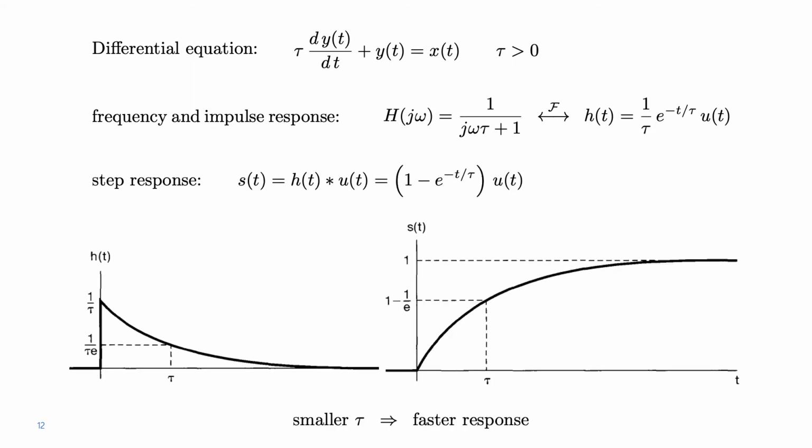Once we know the impulse response, it's also possible to calculate the step response of such a first order system by doing the convolution between the impulse response and a step. And doing such convolution produces a step response s of t given by 1 minus e to minus t over tau u of t. And we see this represented at the bottom right of this slide.